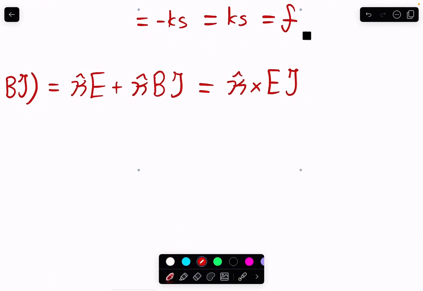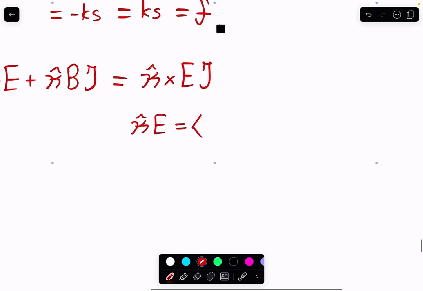So you have kappa, because if you have a bivector times another bivector, then you're going to have the scalar component, and then you're going to have the bivector component, and then plus this right here.